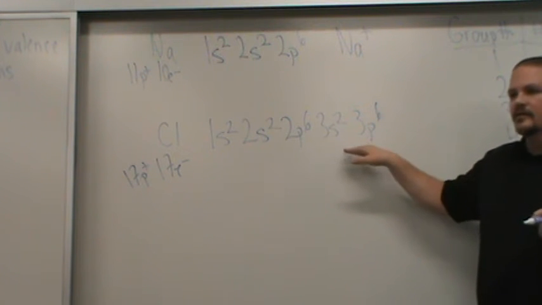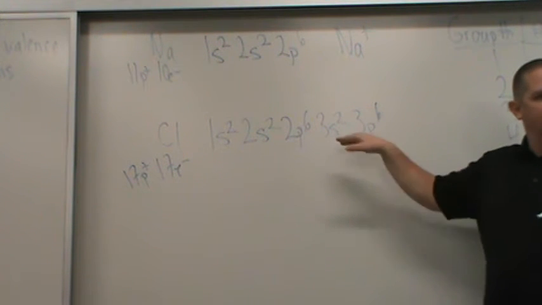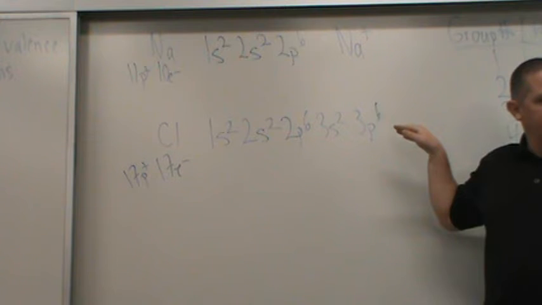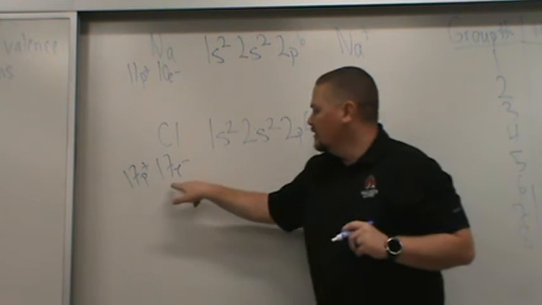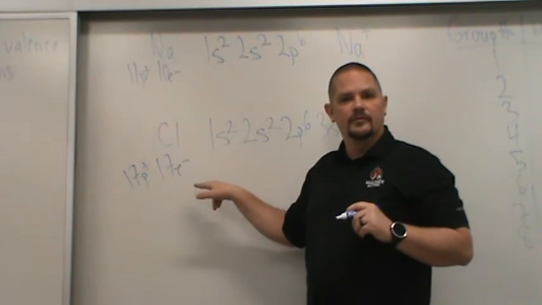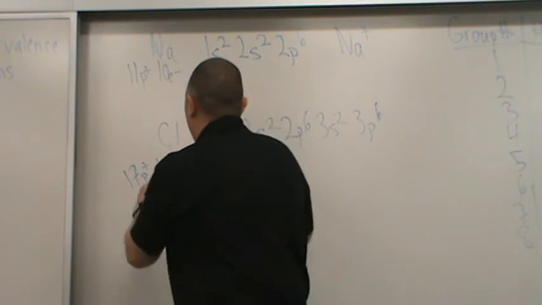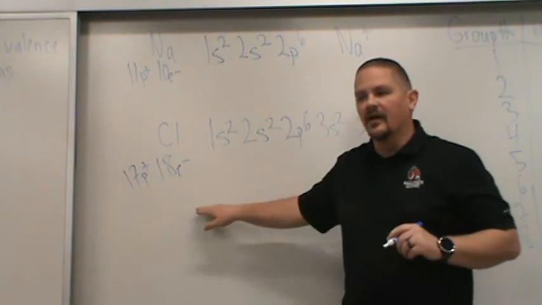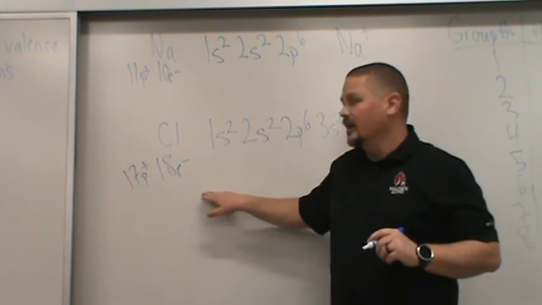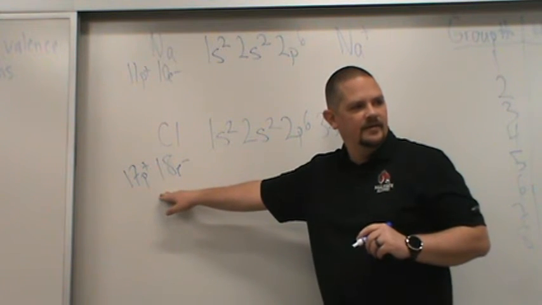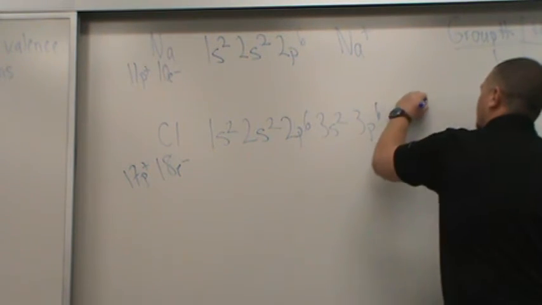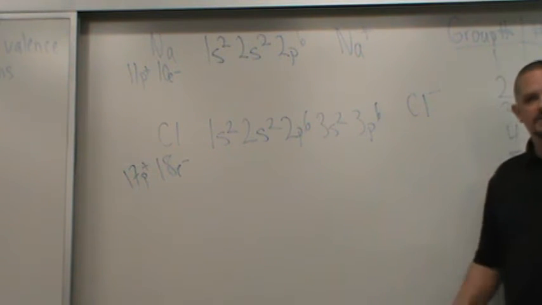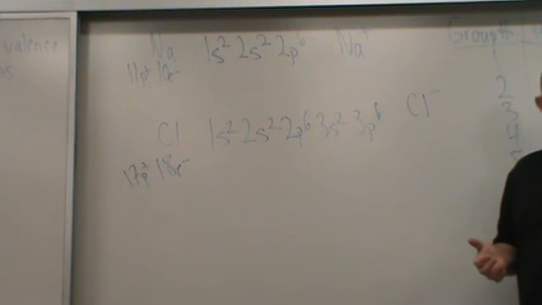Now, if we look in the third energy level, we have 8 electrons, right? How many electrons do we now have total? 18. We have that offset of protons and electrons. We have one more electron than proton, so chlorine would have a negative charge. It would be a negative ion, an anion. Okay, any questions there?